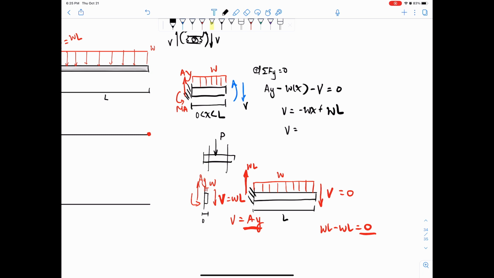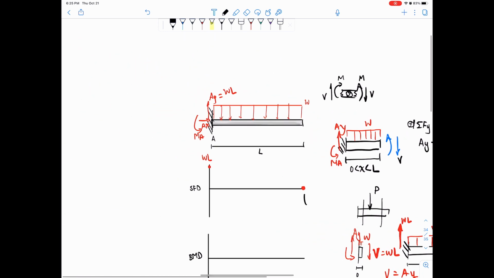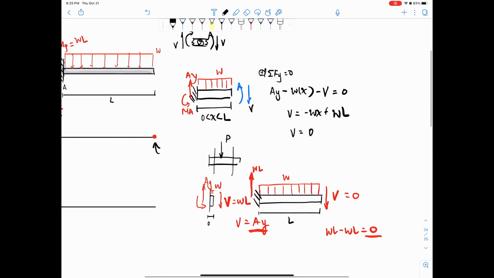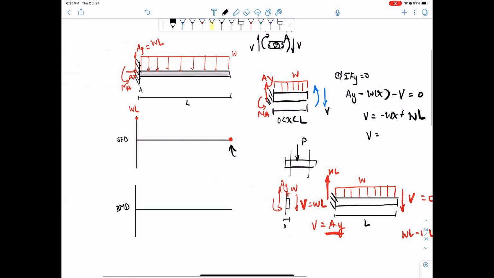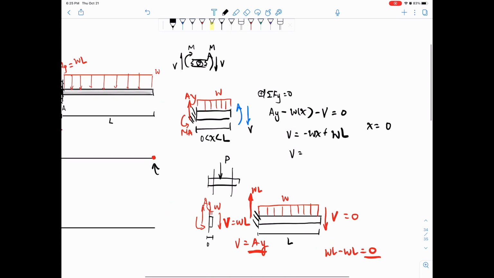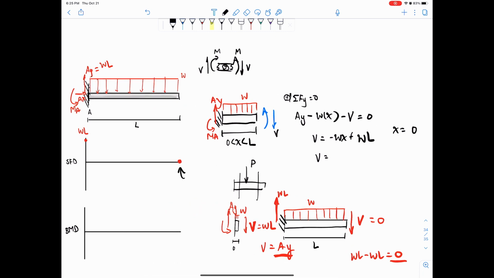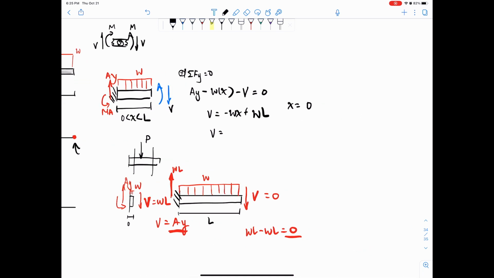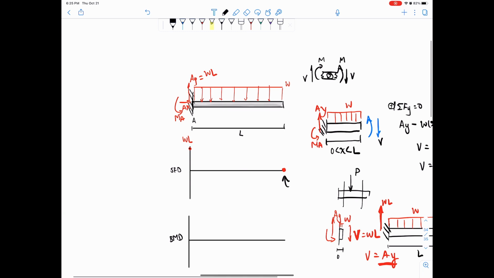X would then equal L, so this whole thing would just become 0, like this point we have here. And if we're cutting the beam at distance 0, or in other words, basically right at A, this thing would be WL, as we find here.